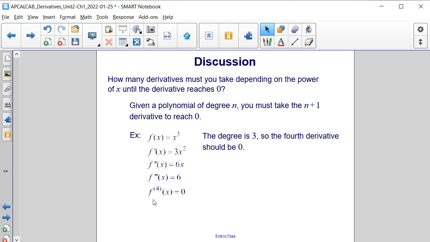So the fourth derivative would be needed in order for us to reach 0. Again, in this example, the degree is 3, so the fourth derivative should equal 0. If your degree was 5, then your sixth derivative would be 0, and so on.